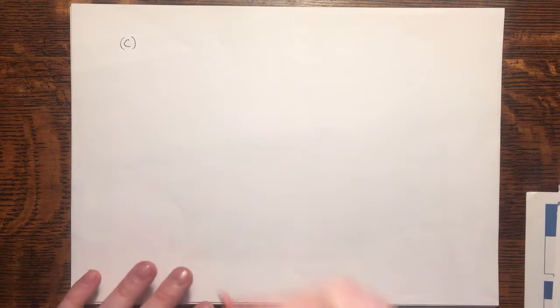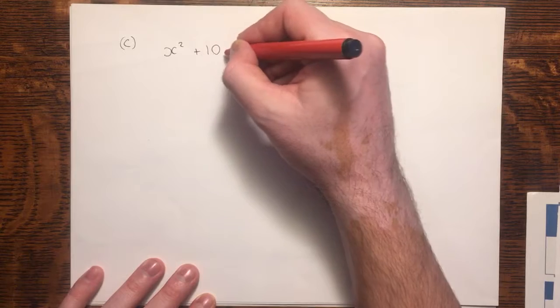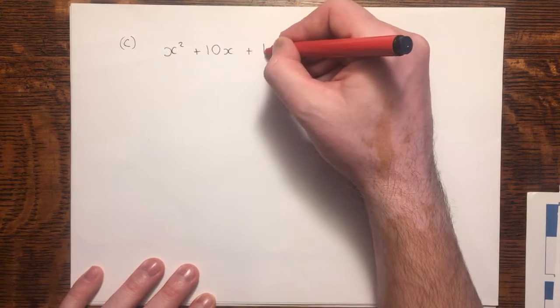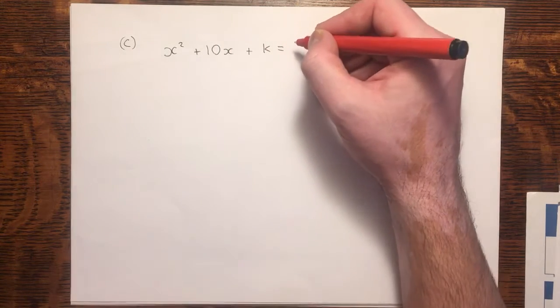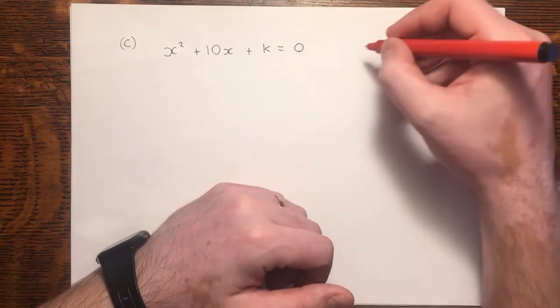In part C, we're first of all told that the equation x squared plus 10x plus k is equal to 0 and has equal roots. And we're then asked to find the value of k. x squared plus 10x plus k equals 0. And it's got equal roots.